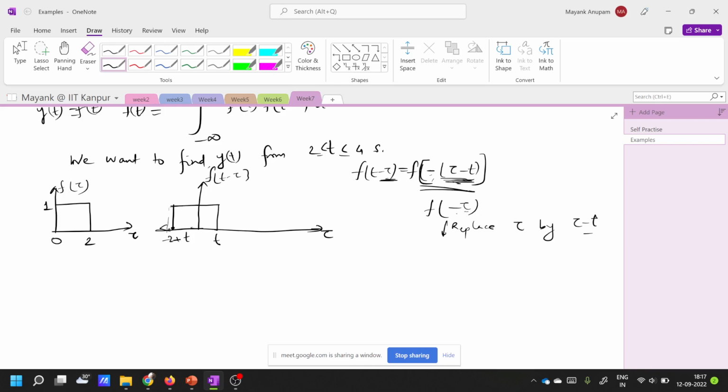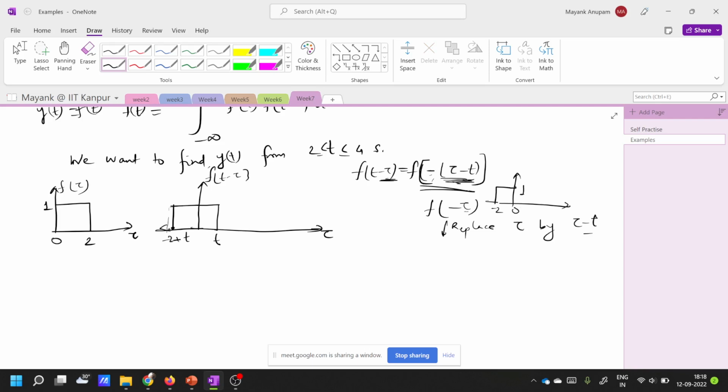So f of minus tau, first you have to find out, how will f of minus tau look? It will be starting from minus 2 to 0, right? Okay, so this will be 1, correct?